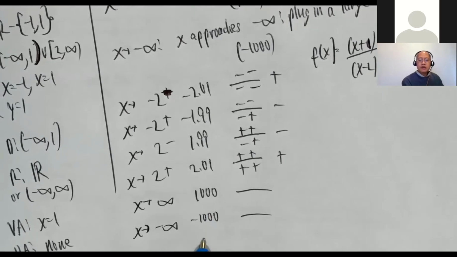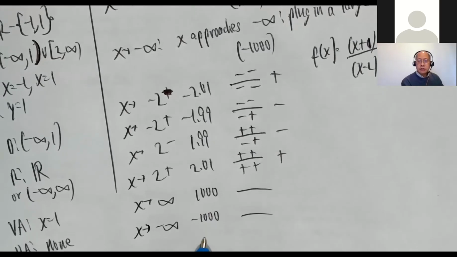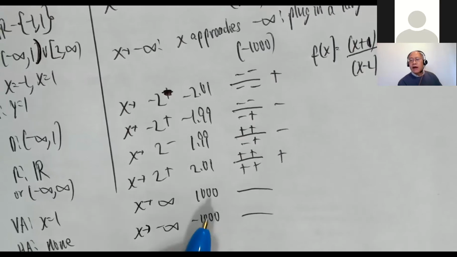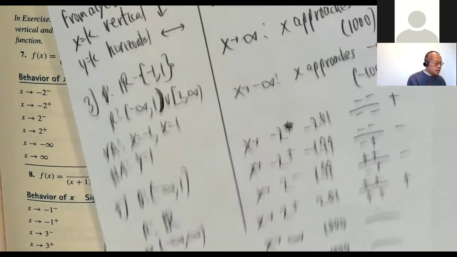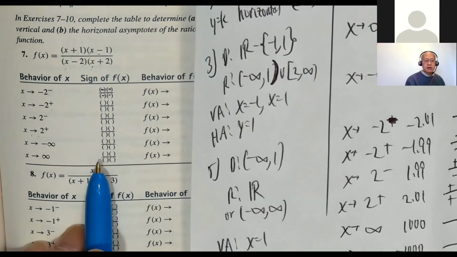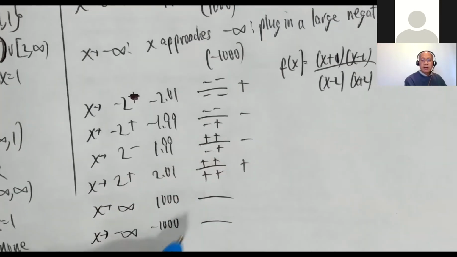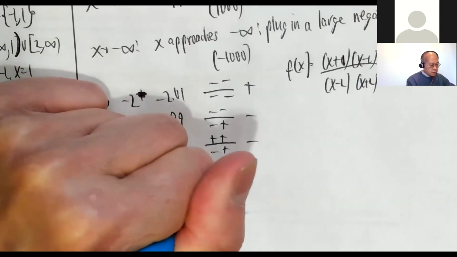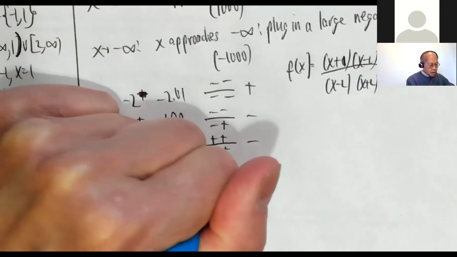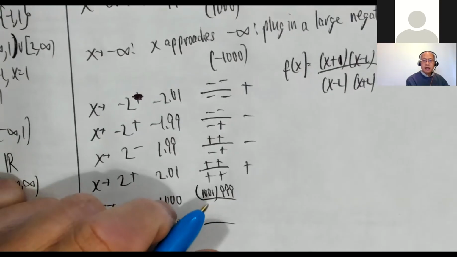Okay, 1,000 and negative 1,000. I'll write it this time. Okay. They actually do a sign chart here. The sign chart doesn't really help that much, but let me actually work it out. If I plug in 1,000, I have 1,001, 999.